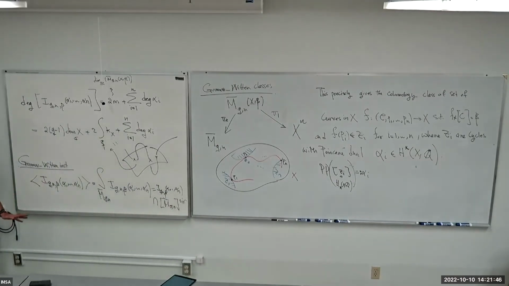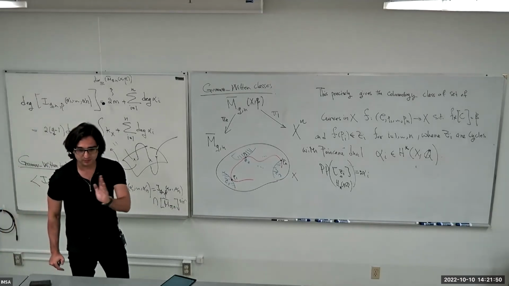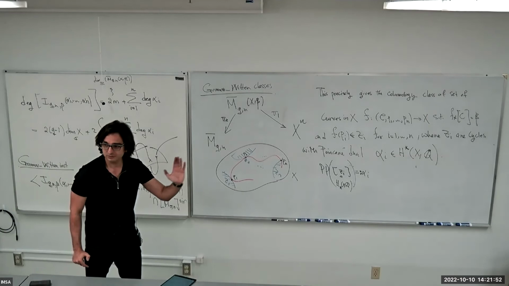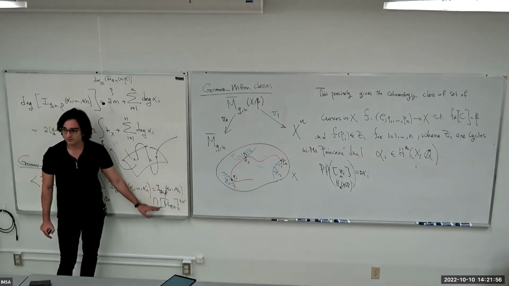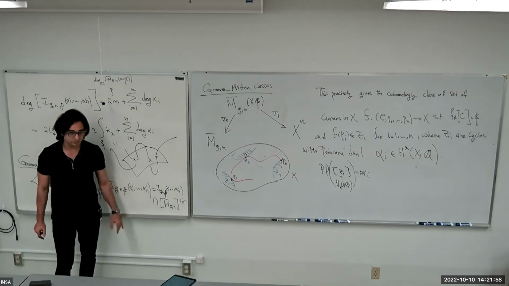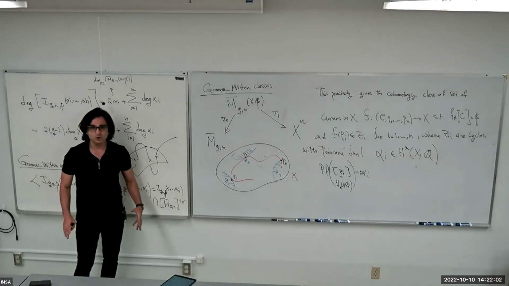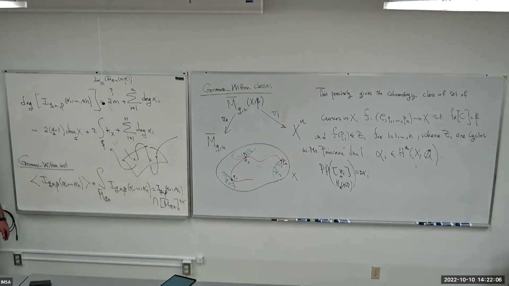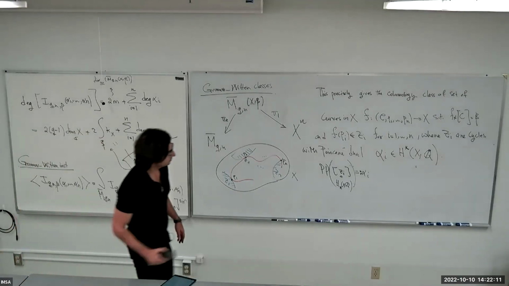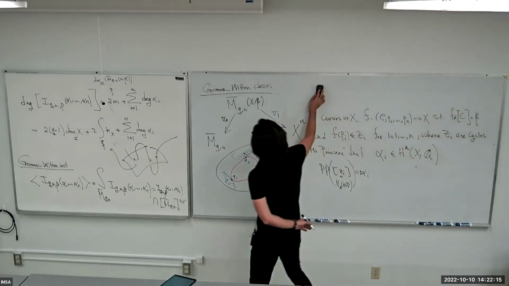If it is smooth, you don't need to worry about the virtual fundamental class because the tangent sheaf of that moduli space doesn't jump in dimension. Everything is flat, so this intersection number stays constant as you roam around. But if it's not, you need to virtually look at not the whole space, but the part of the space in which the tangent sheaf is well defined as a bundle. Okay, so that's that.